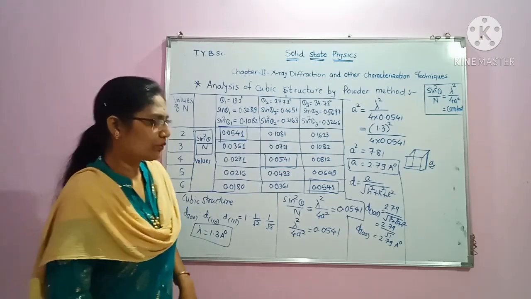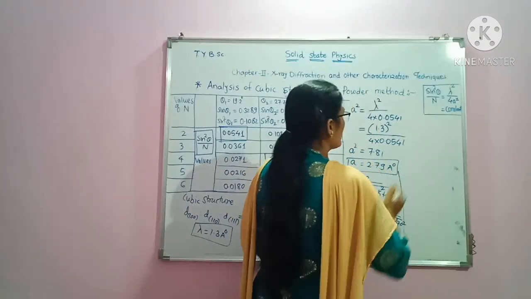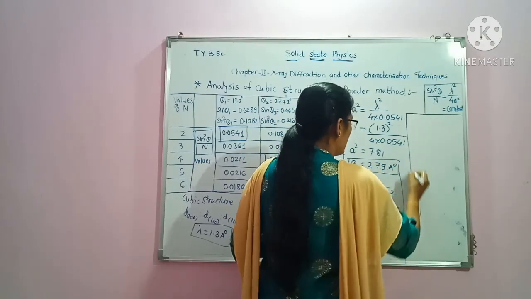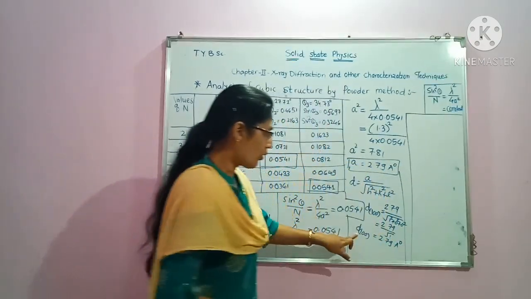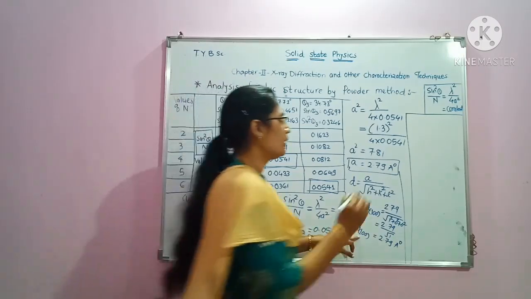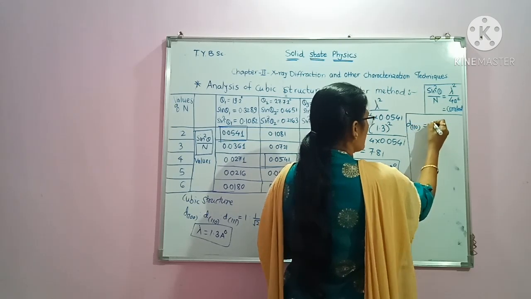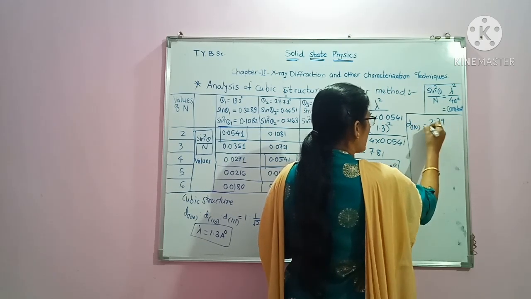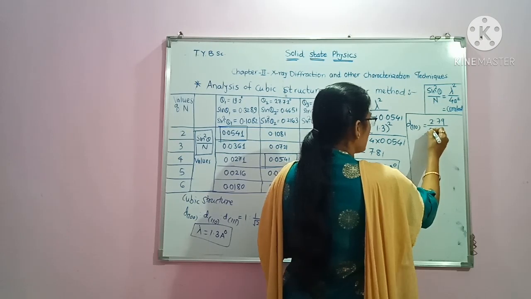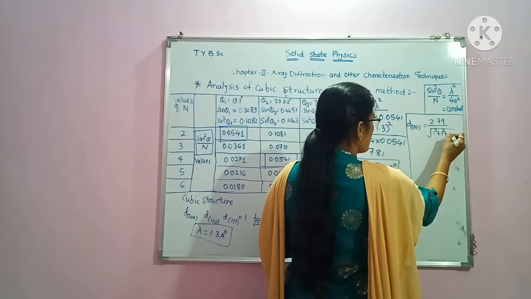Now we have to calculate the value of D for the 110 plane. Again we have to substitute the value of A as 2.79 and square root of 1 square plus 1 square plus 0 square.